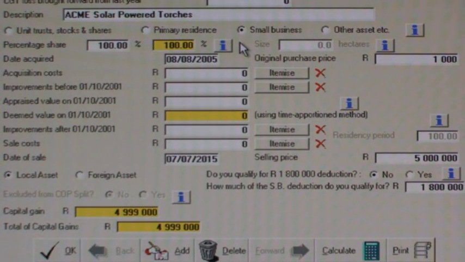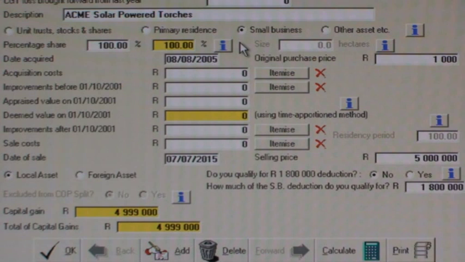Starting again with a different taxpayer who started a small business in 2005 with 1,000 rand and sold it recently for 3 million rand. We can enter these details as well as acquisition costs, improvements, etc. into the capital gains tax calculator, and it will work out our profit for capital gains.